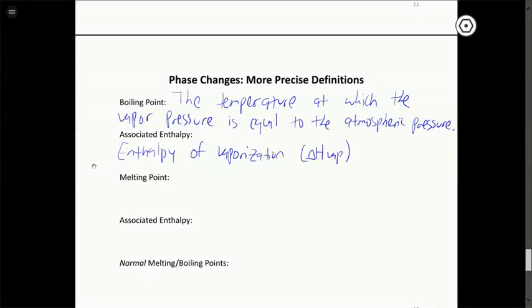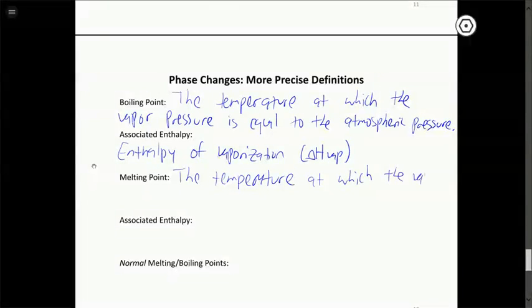Now the other phase change temperatures also have more precise definitions. Melting point is a weird one. Remember that this is the temperature at which solid and liquid interconvert, but the more precise definition in terms of vapor pressure is that it's the temperature at which the vapor pressures of the solid and the liquid phases are equal.